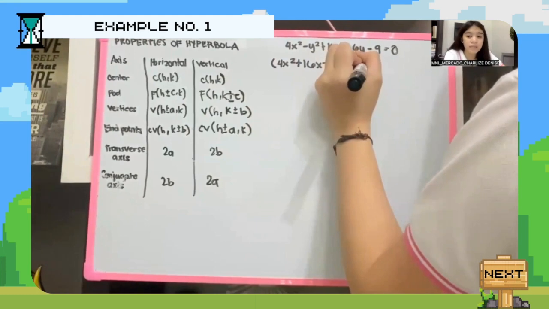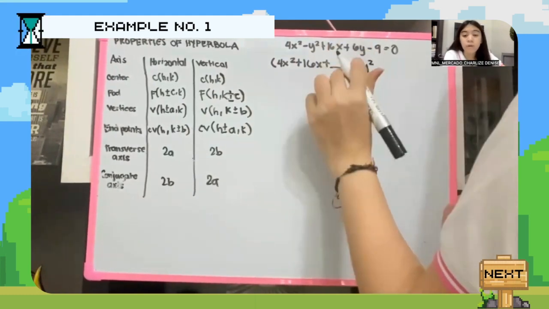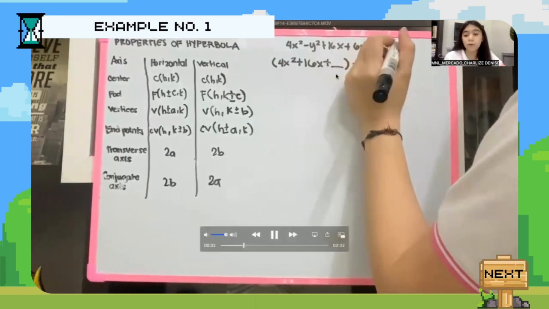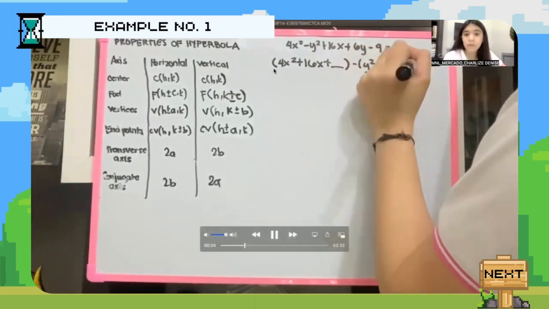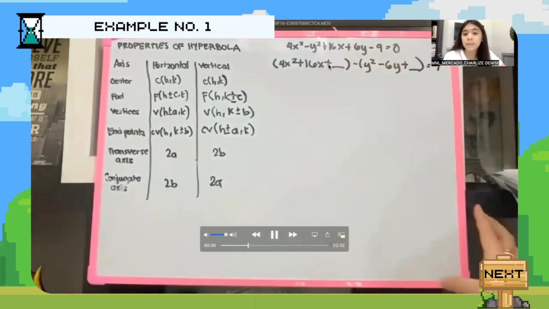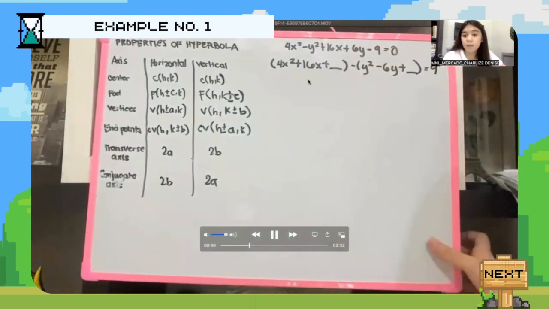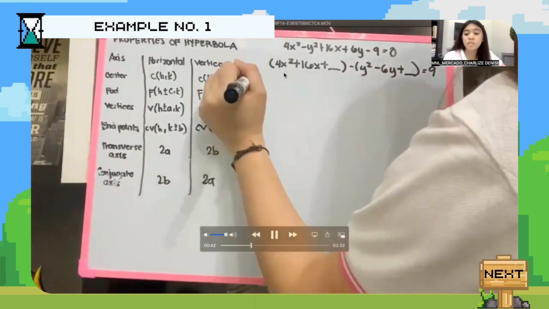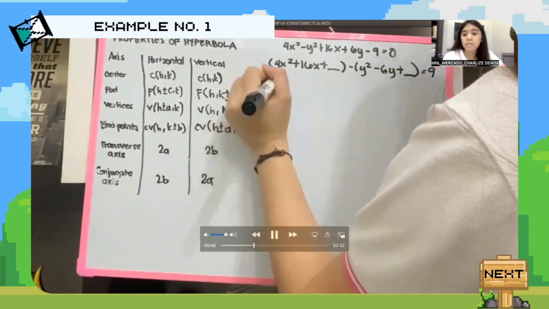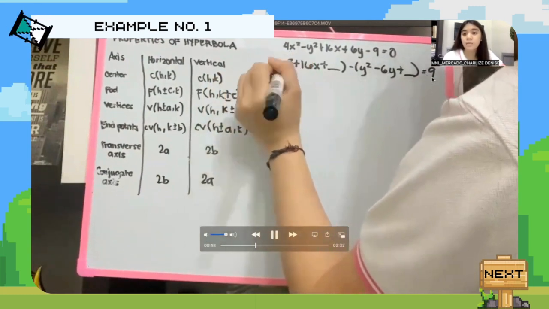The first thing we need to do is regroup the like terms. So, regroup: 4x squared plus 16x plus blank. We leave it blank because it will be a perfect square trinomial later. And minus y squared minus 6y plus blank is equal to 9.